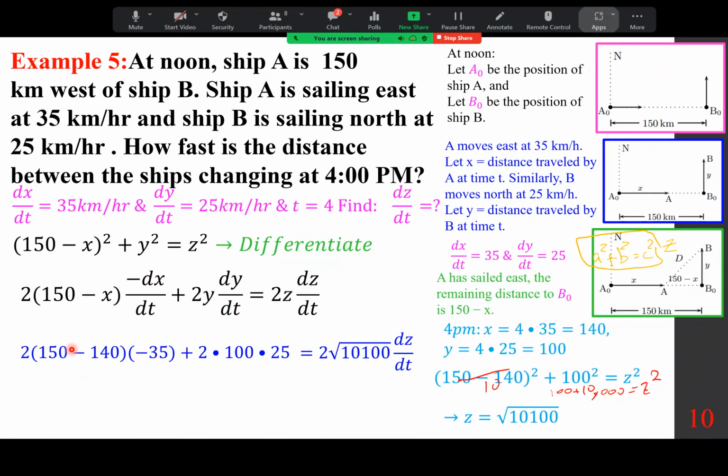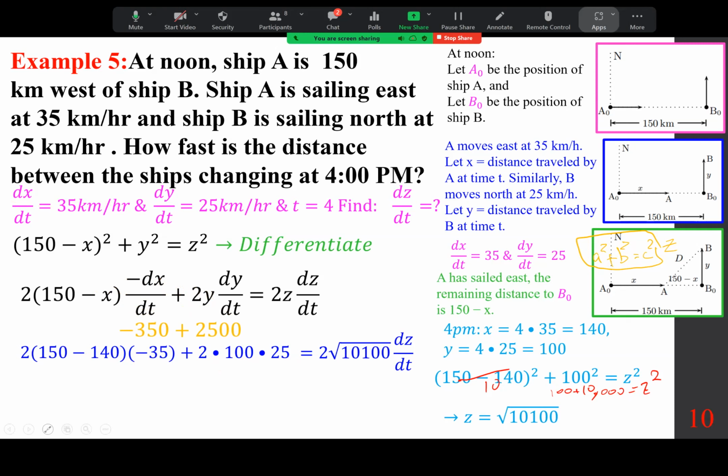So this is 140 with negative 35. The product is negative 4,900, and then 2 times 100 times 25 is 5,000.